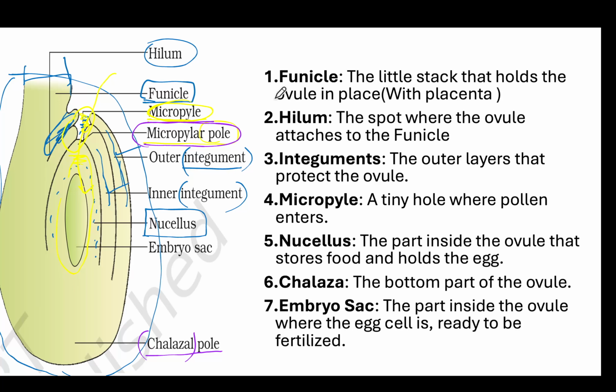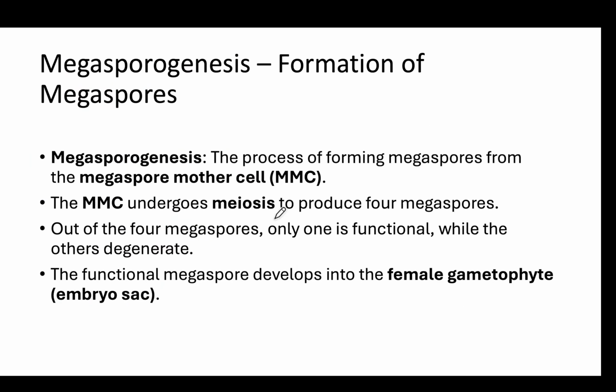So these are 7 words, very important. You have to remember all these 7 words. Now, till now we covered the female reproductive part in a flower, what is the pistil, the different parts of the pistil: stigma, style and ovary. What is present inside the ovary? It is the ovule. What are the different parts present inside the ovule, that we also already covered. Now we'll talk about megasporogenesis.